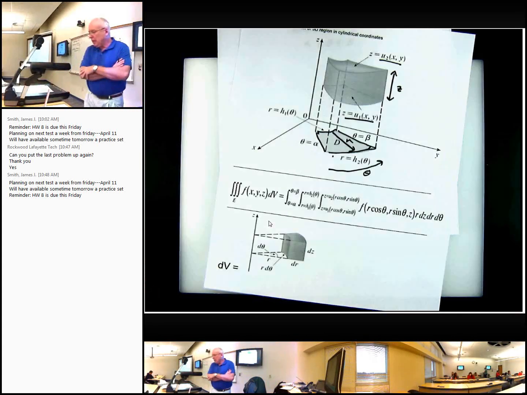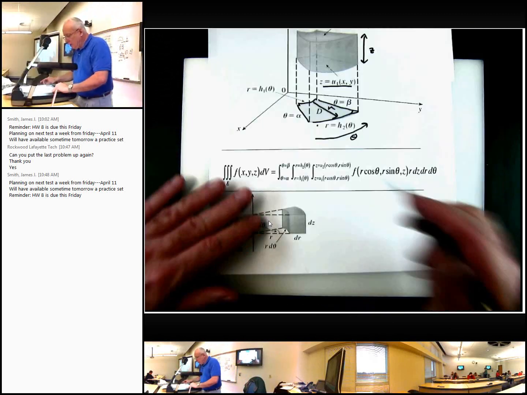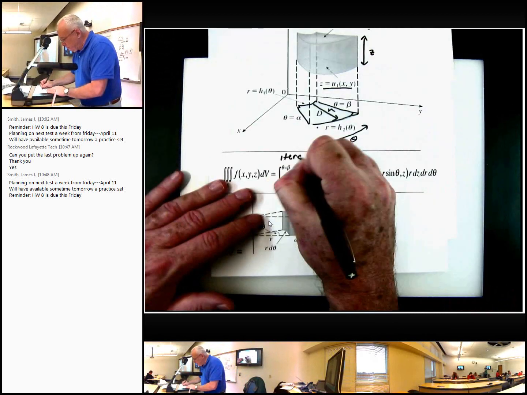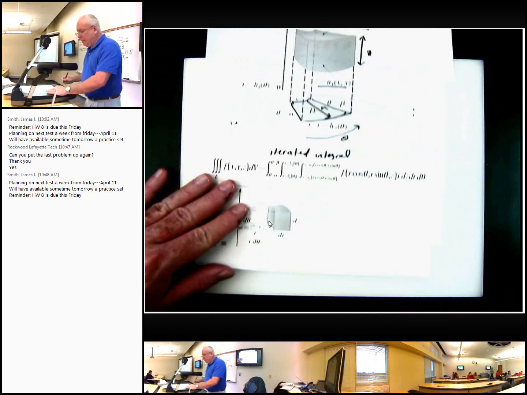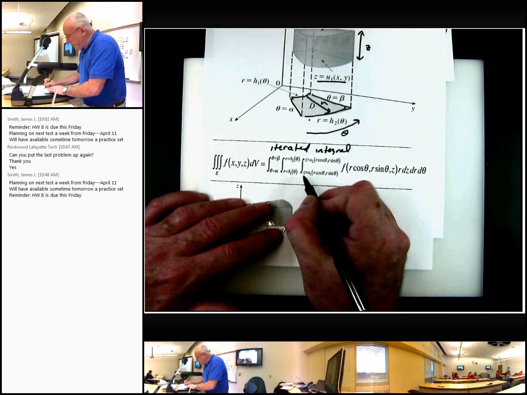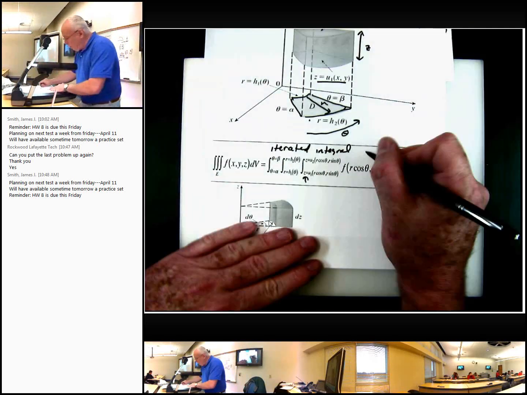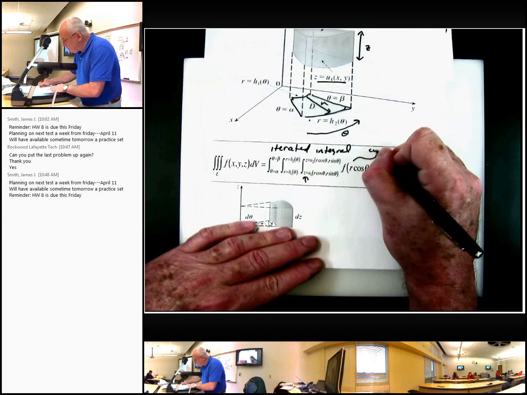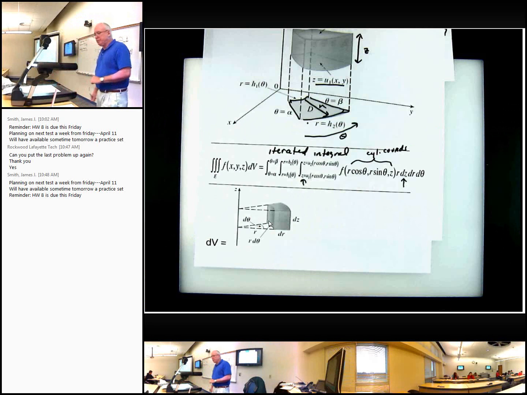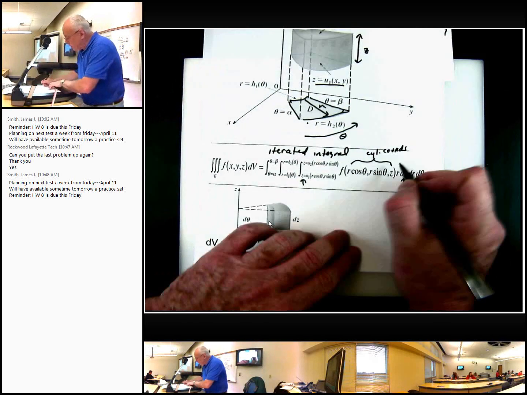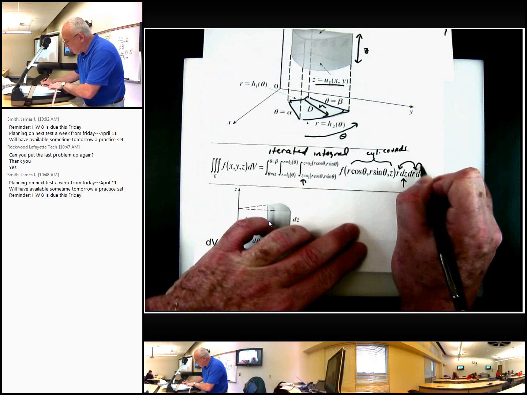When we set this up, we're going to want to set this up in cylindrical coordinates. So here's our iterated integral. We're going to start with the z. We put our function in terms of the cylindrical coordinates, and we're going to do a couple problems with this. Notice, because it's involving polar coordinates, we have r dr d theta.